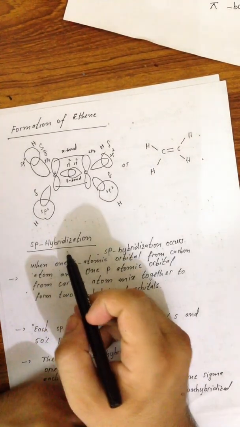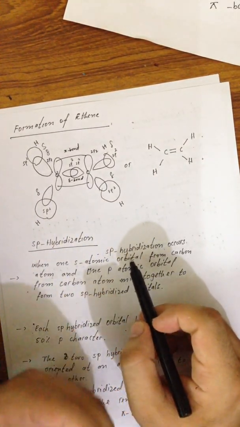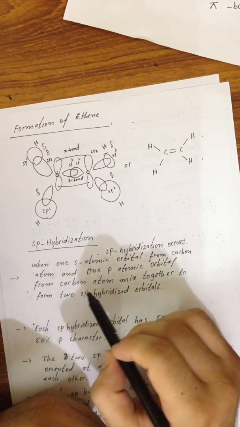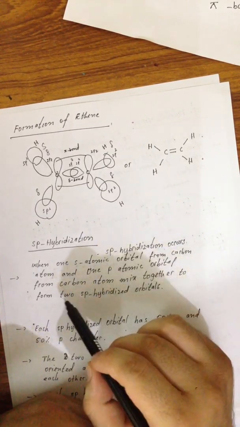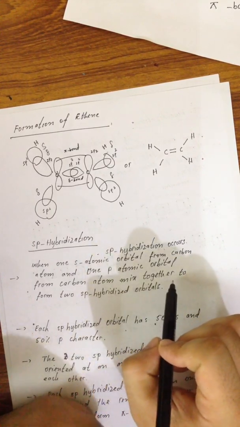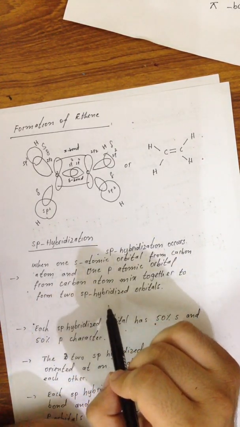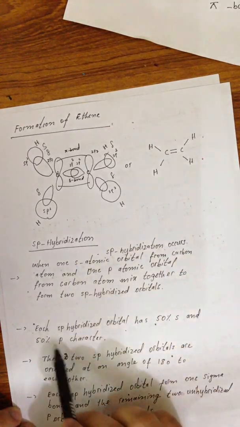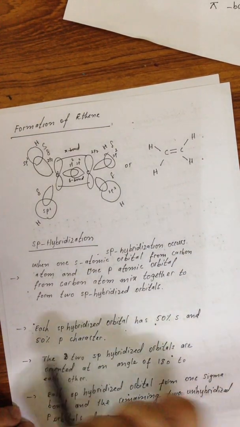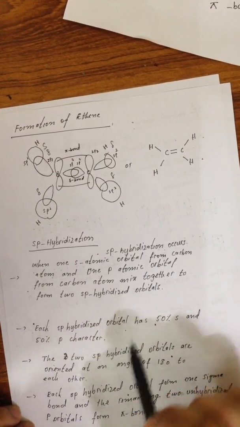Sp hybridization. Sp hybridization occurs when one s atomic orbital from a carbon atom and one p atomic orbital from a carbon atom mix together to form two sp hybridized orbitals. Each sp hybridized orbital has 50% s and 50% p character.